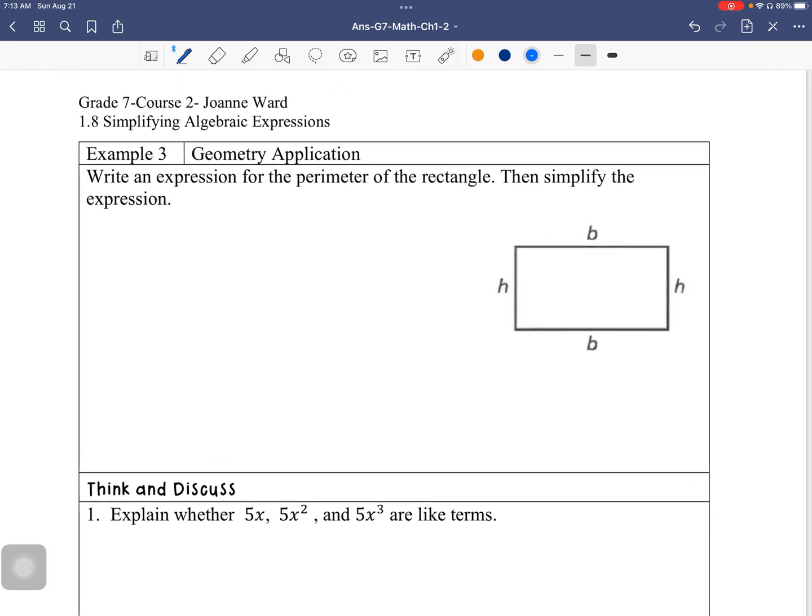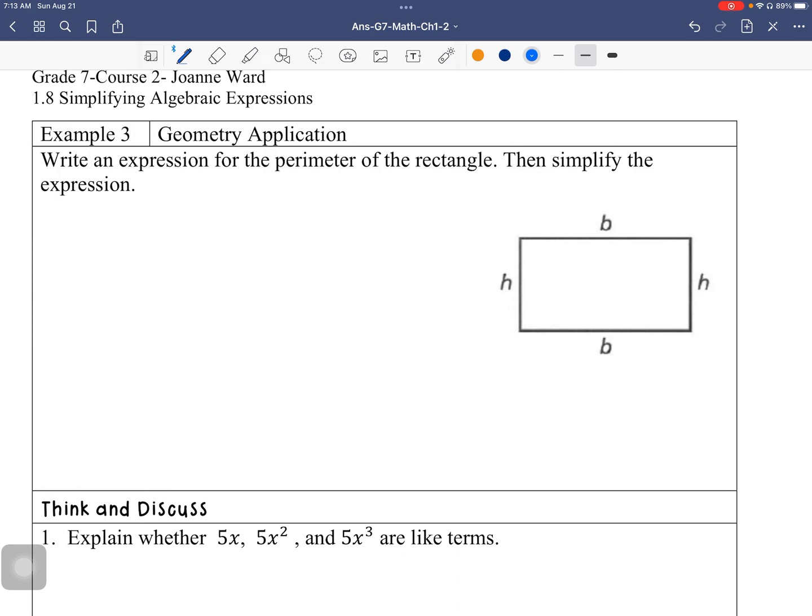Then now I have a geometric application. I want to write an expression for the perimeter of the rectangle. The perimeter of the rectangle is b plus h plus b plus h.